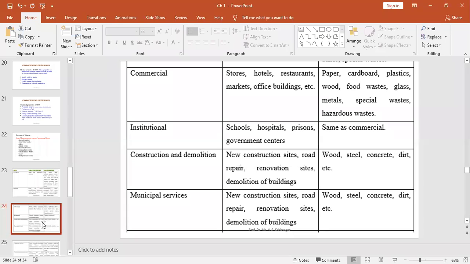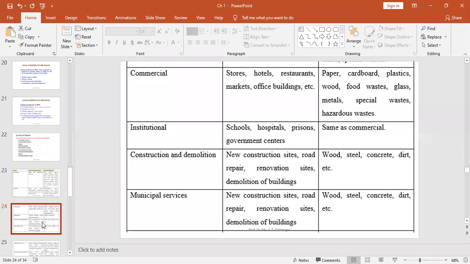Then construction and demolition: wood, steel, concrete, dirt. Though it is not mentioned here, some days back I gave you an example of the huge amount of waste generated during construction and demolition, and that is gypsum. It is used for the preparation of POP and for decorations for the Ganpati festival and the Durga Mata festival.